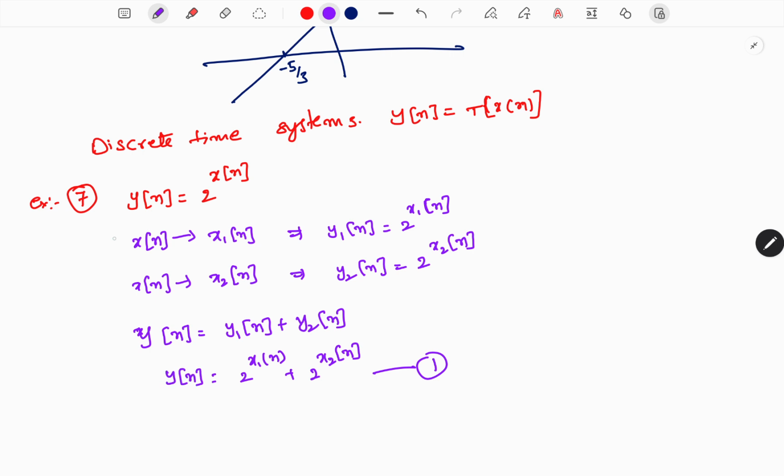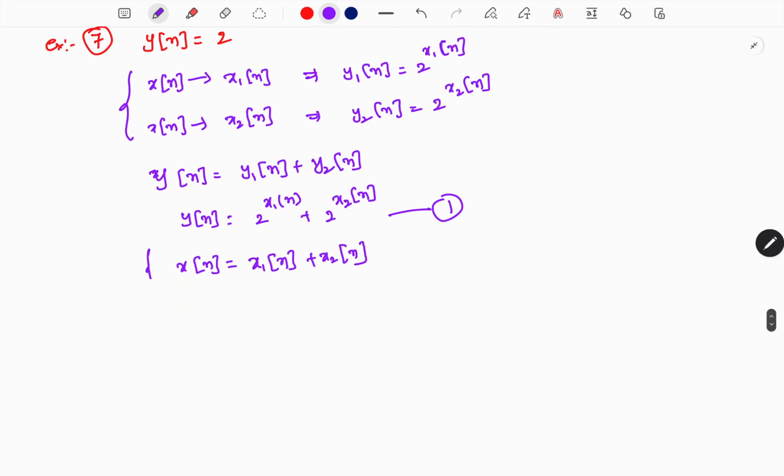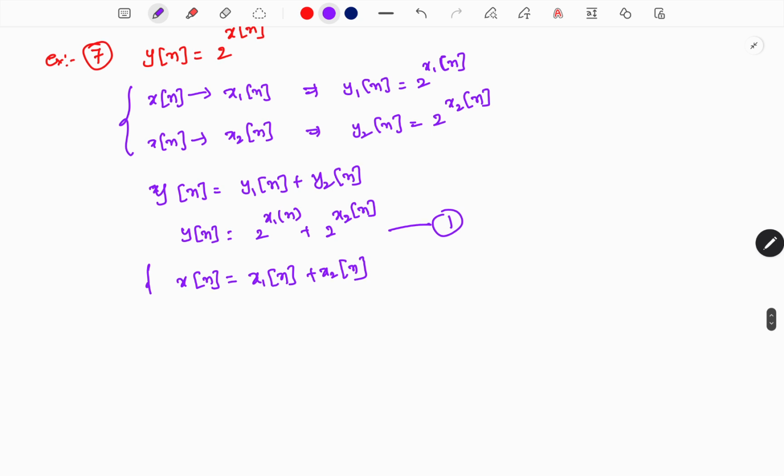Now replace x of n with the combination of x1 of n plus x2 of n. Now we will get y dash of n equal to 2 to the power of x1 of n plus x2 of n.